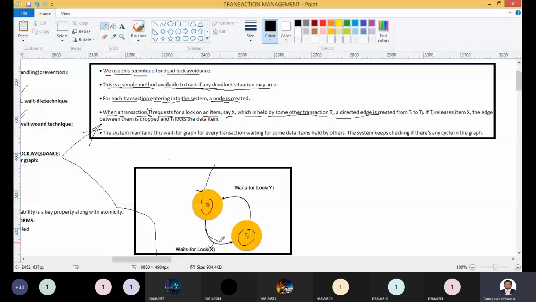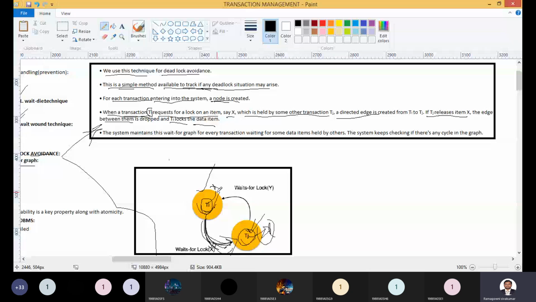When Ti requests a lock on data item X, it waits on Tj, Ti to Tj. Then Tj releases item X. Once Tj releases item X, the edge from Ti to Tj is dropped. Then Ti locks the data item X.